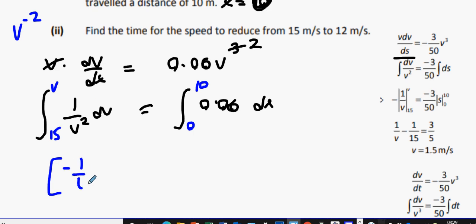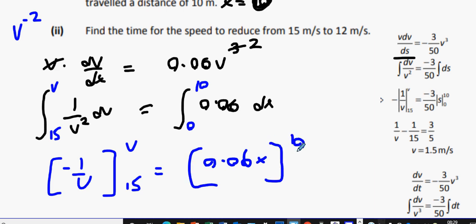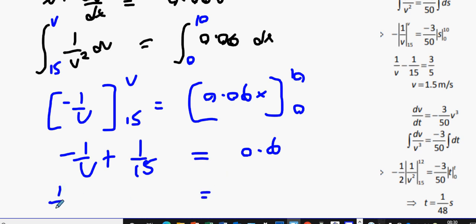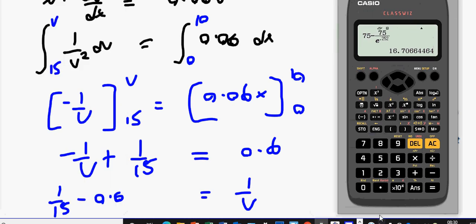We did it earlier. 1 over 15 minus 0.6. 8 minus 8 over 15.